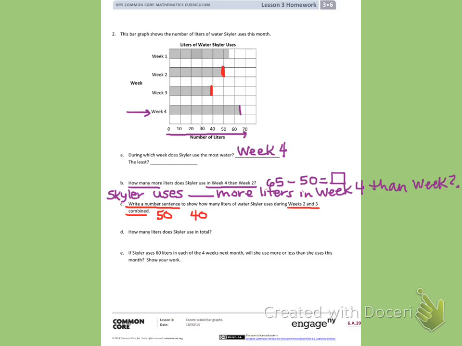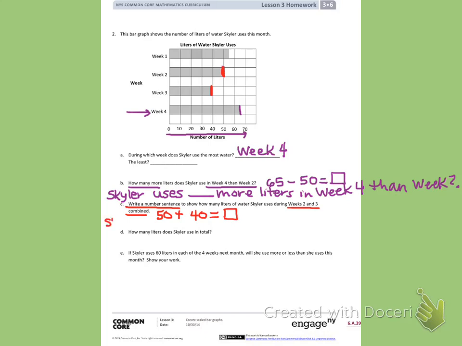And they want to know how many liters Skylar used in those 2 weeks combined. And if you combine them, you join them together. So that tells me I'm supposed to add. Then I'll answer this in a sentence.